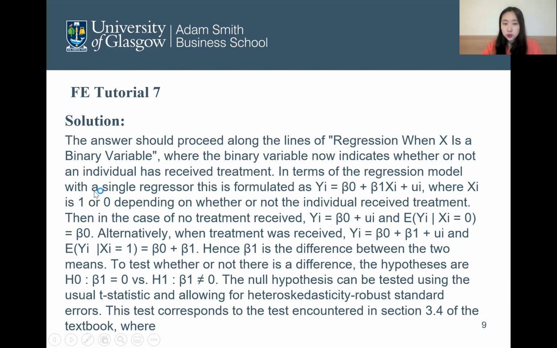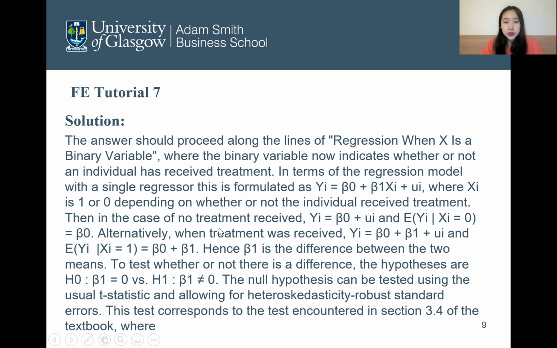So with a single regressor, this is the basic equation, where X_i is 1 or 0 depending on whether or not the individual received treatment. Why does X become 1 or 0? It's because it's a binary variable.